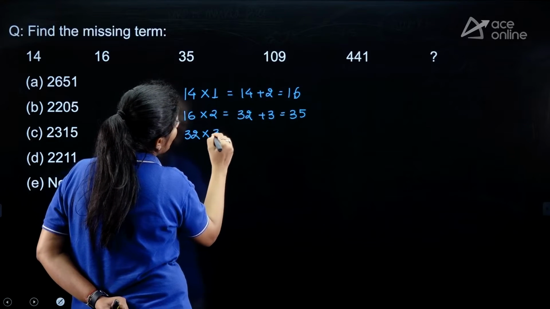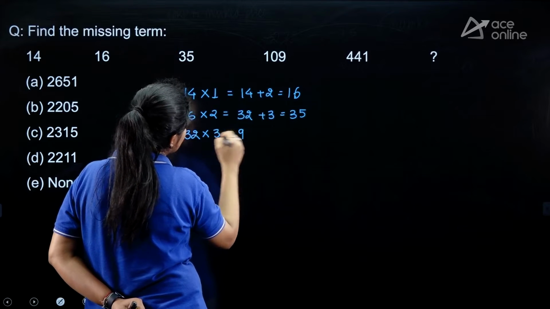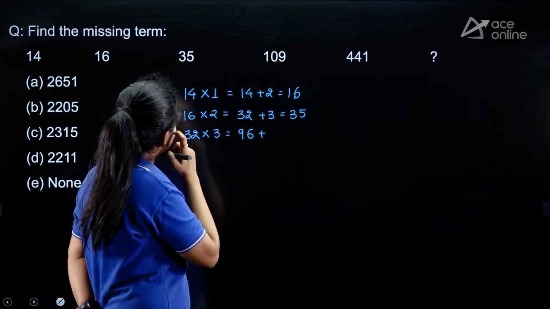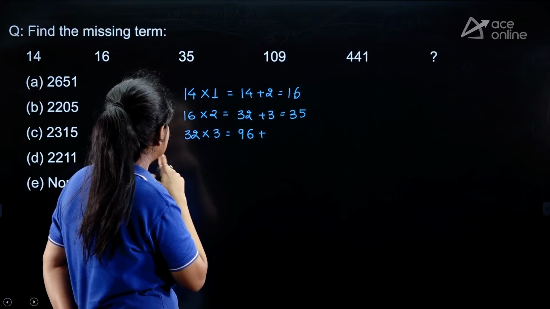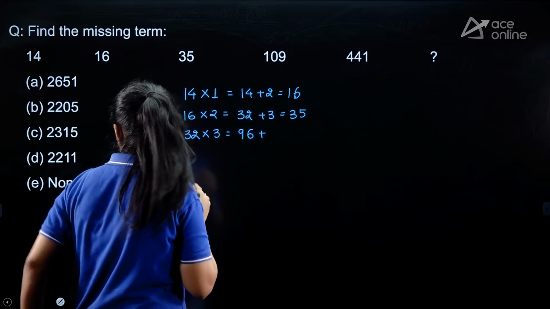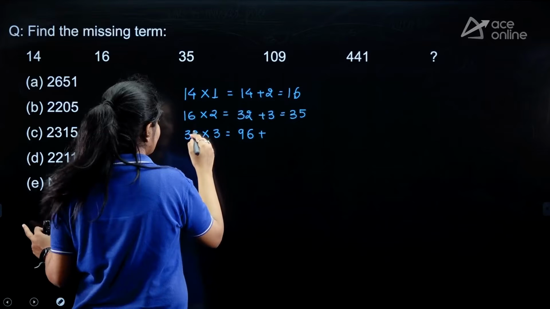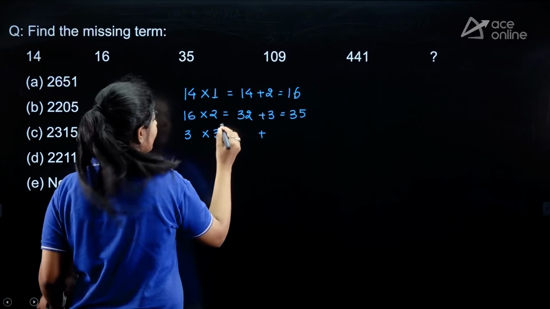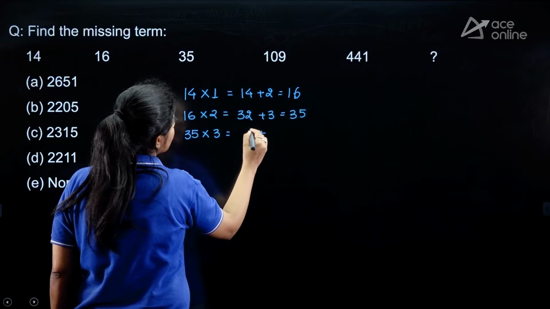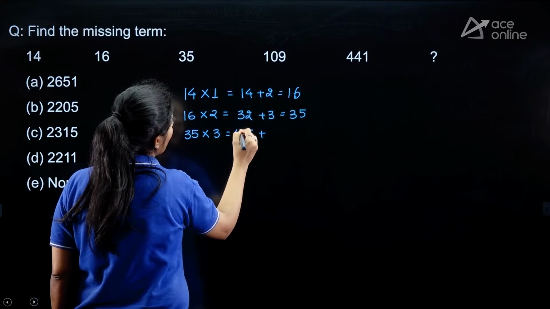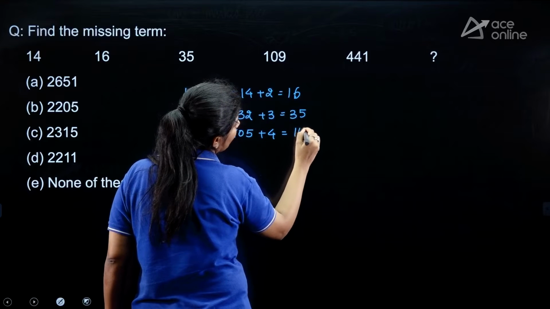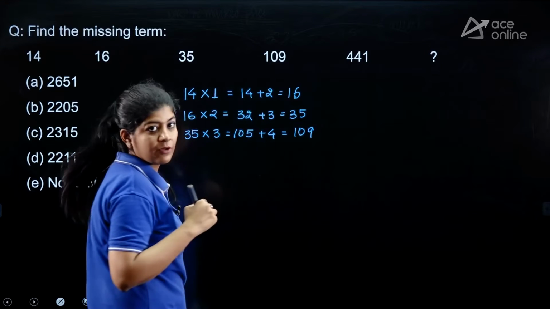Now, 32 into 3, what value are we getting? We are getting 96. Now, we need to multiply with the 35, not 32. 35 into 3, so 15 and the 1 carry forward, 105, right? Now if I add 4 in it, I'll get 109, which is given over here.